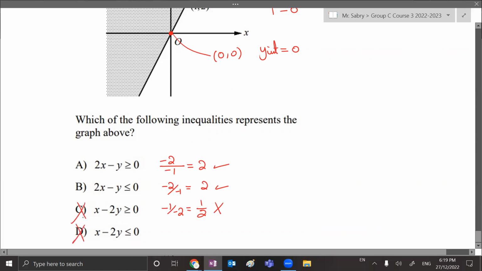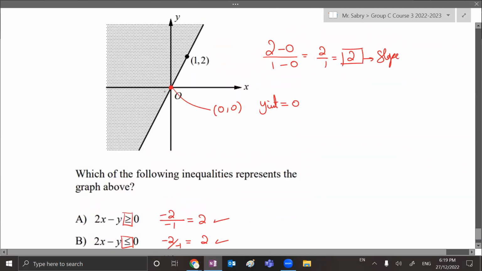I eliminated 2 choices. طيب, how do I decide which one of the first 2 is the right one? Based on this inequality sign. And again, I'll substitute it, but I can't use the point 0, 0 because it's on the line itself. It's better to use a point like here, for example, which is negative 1 and 1.